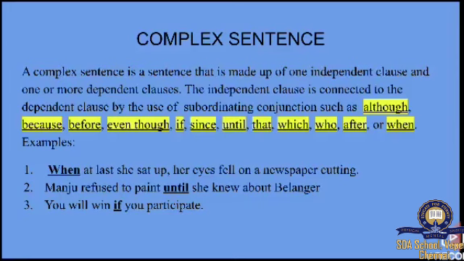So using these subordinating conjunctions, the dependent clause is connected with the independent clause and it makes a complete sentence.